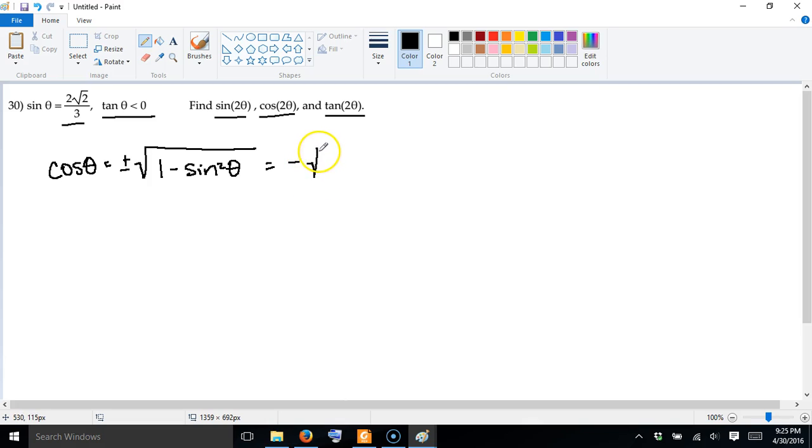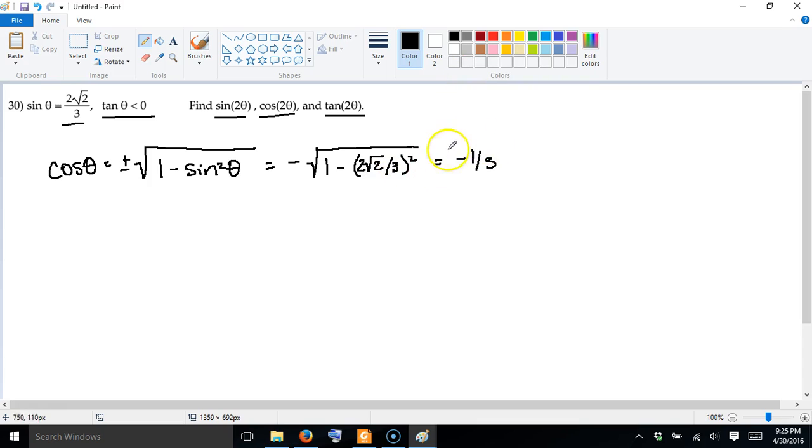So figure out your sine for your cosine function. And now plug in 2 square root 2 over 3 in for sine. Oops, there's a 2 here. And then square. Find that value out, and it is equal to negative 1/3.